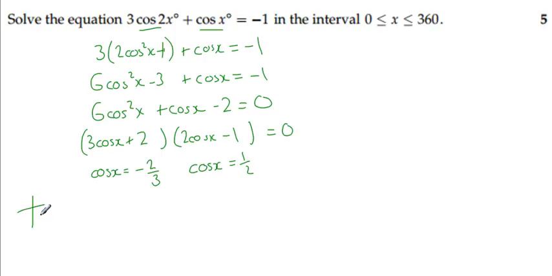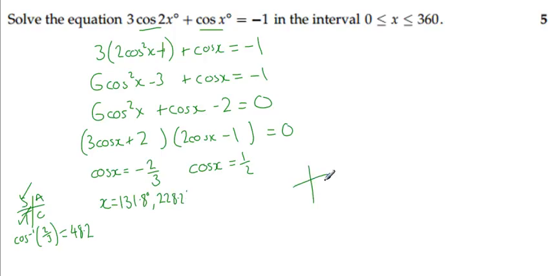Okay, so the CAST diagrams for solving the left-hand strand is working in the negative quadrants for cos, so S and T. The inverse cos of 2/3 is 48.2. So my solutions are 180 take away 48.2, so 131.8 degrees, and 180 add 48.2, so 228.2.